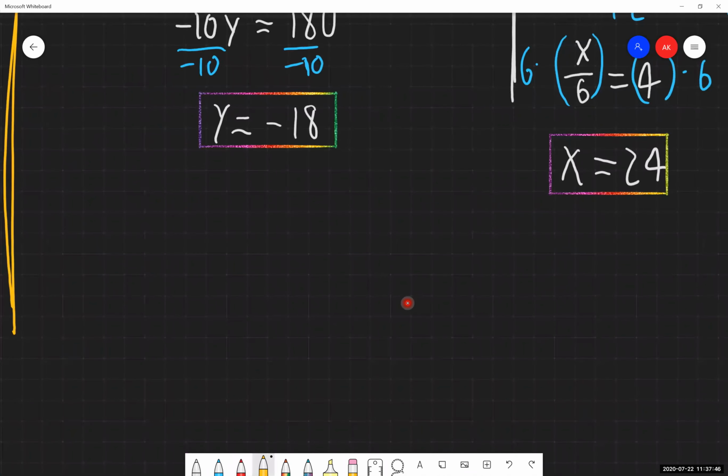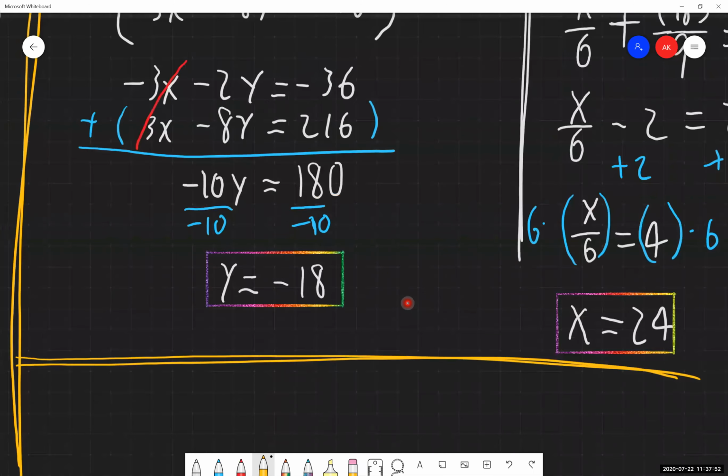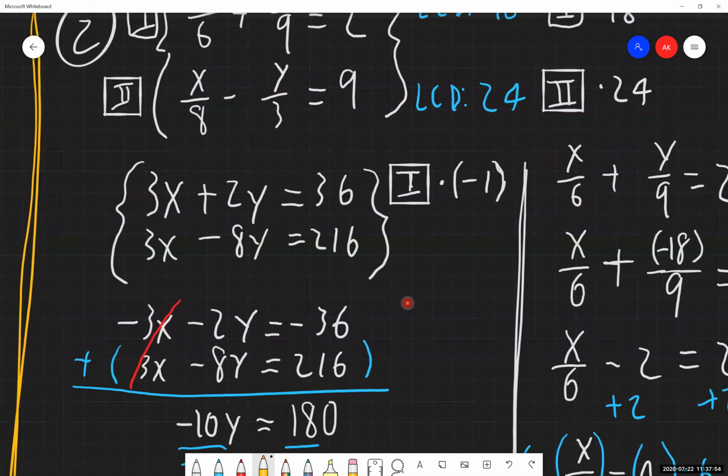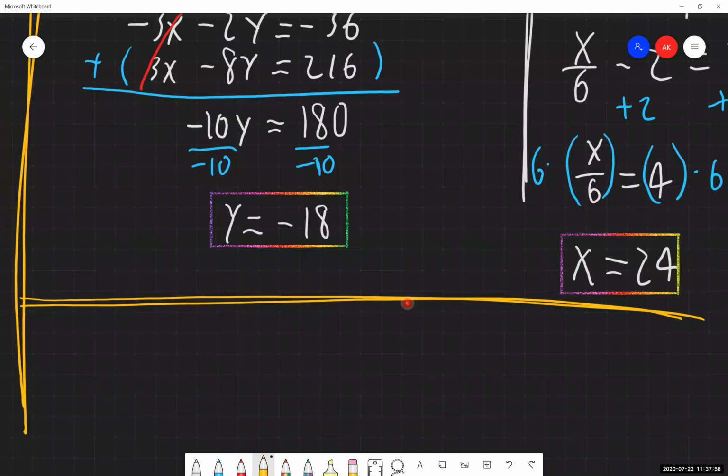So our first equation, I have to go back and forth here just to make sure I'm tracking it correctly. 3x plus 2y is 36. So I'm just rewriting those down below here. Okay.